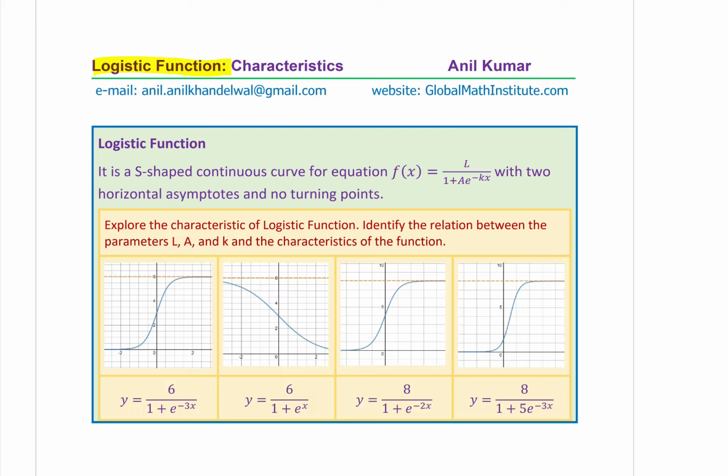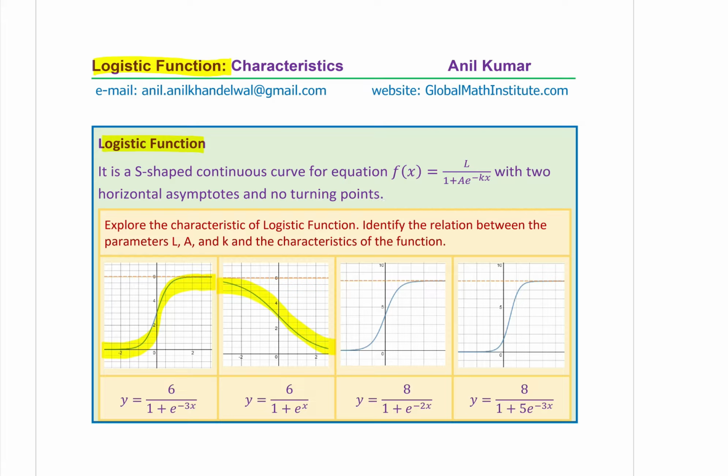Well, the logistic function is something which is sketched here. It looks like an S-shaped thing as shown in the graph. It is always increasing, or it could be always decreasing depending on the function. So we can say that it is an S-shaped continuous curve for the equation f of x equals L over 1 plus a e to the power of minus kx, with two horizontal asymptotes and no turning points.